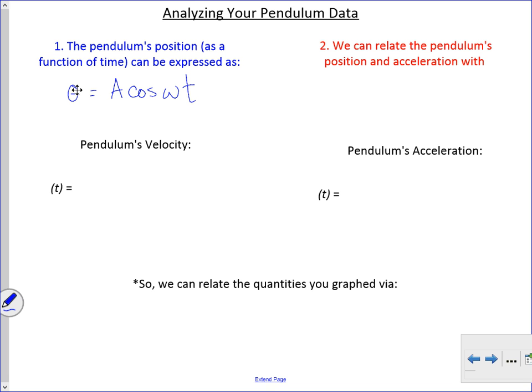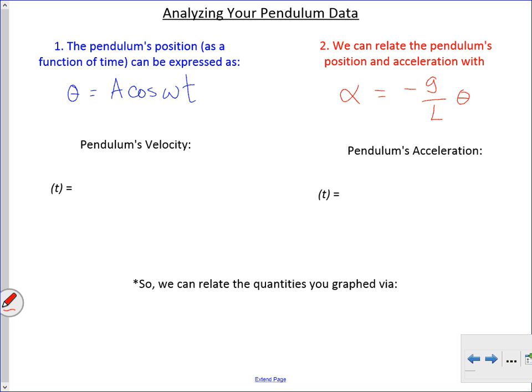It depends on the original displacement, the amplitude, on the system's angular frequency, and on how long the thing's been swinging. We also said a while ago that we can relate the pendulum's position and acceleration with the following: alpha is negative g over L times theta. That came from our free body diagram, net force analysis of the pendulum. Look back in your notes.